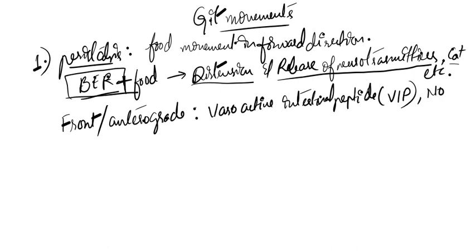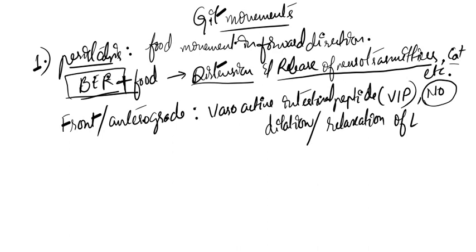So listen clearly, students. What actually happens is this vasoactive intestinal peptide and nitric oxide. What does nitric oxide do? Can anyone tell? It's a dilator. So vasoactive intestinal peptide and nitric oxide cause dilation, or in case of GIT, they cause relaxation of the lower esophageal sphincter, right?